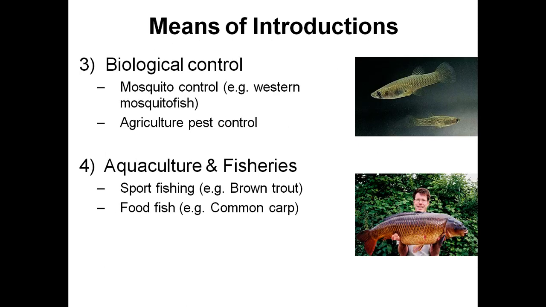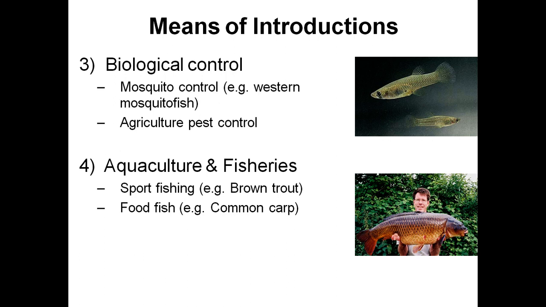In other cases, people are spreading things as a biological control agent. One good example is mosquito fish, which has the widest distribution of any vertebrate other than humans in the world, and it is causing serious issues to native aquatic species and some aquatic ecosystems.